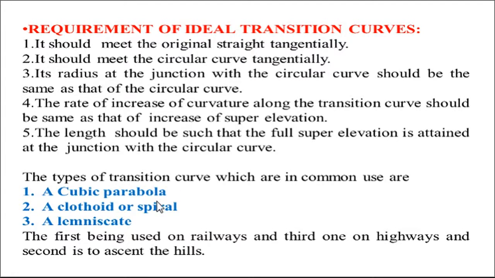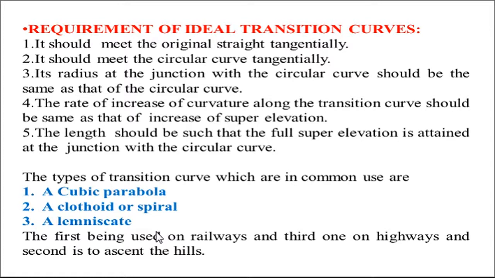Now out of these three curves, the first curve is used on railways, because on railways the length of the curve is more. So generally cubic parabolic curves are provided on railways.